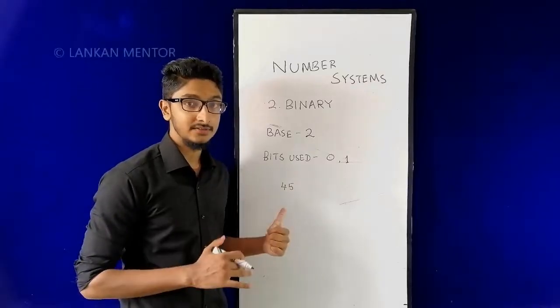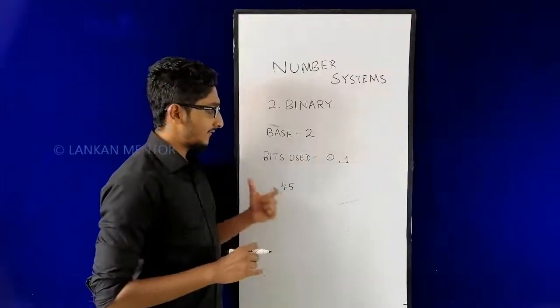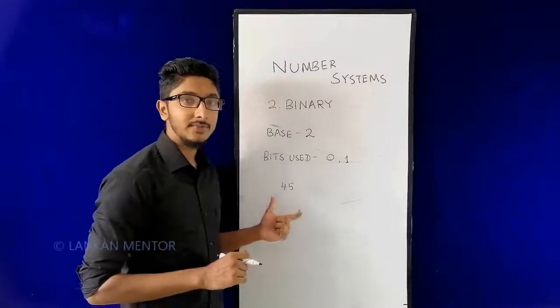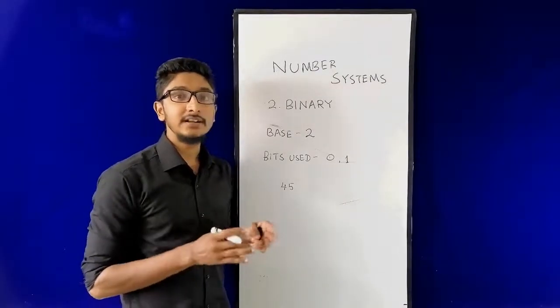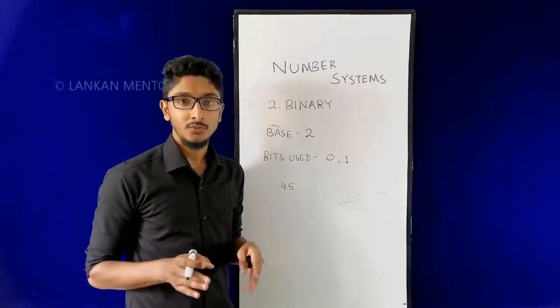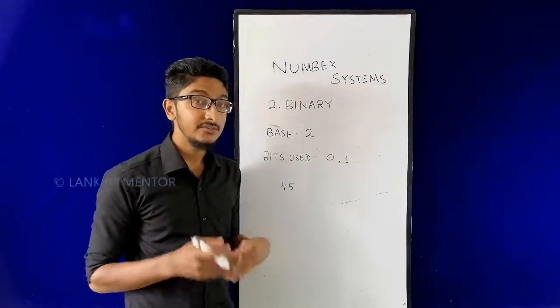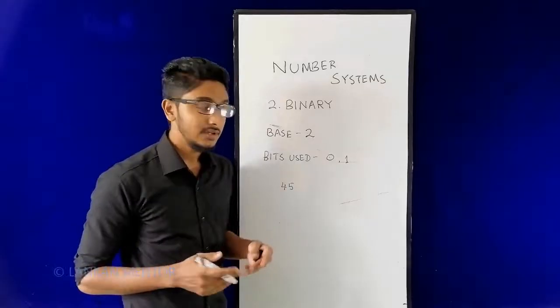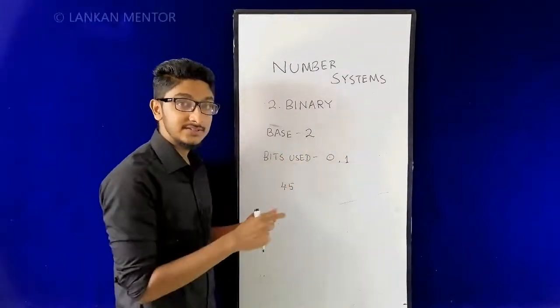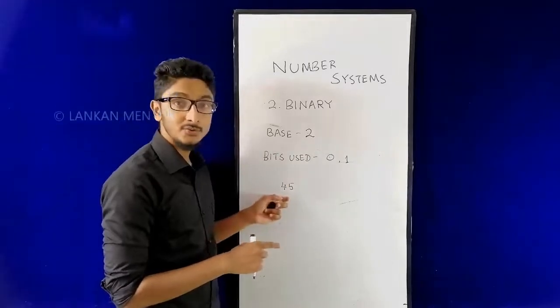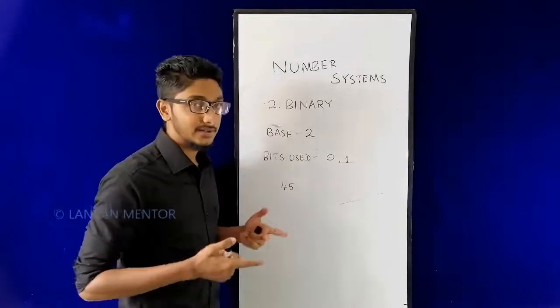This is a decimal number, okay? So now if we have to convert this to binary, we have to divide this by 2. Why 2? Because the base is 2. As the base is 2, we have to divide this number by 2 to change it to binary, right?